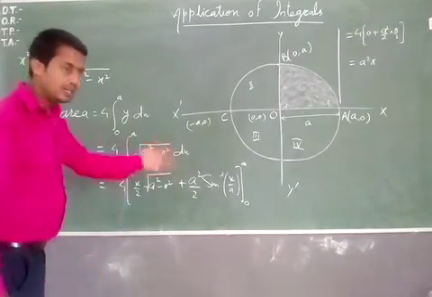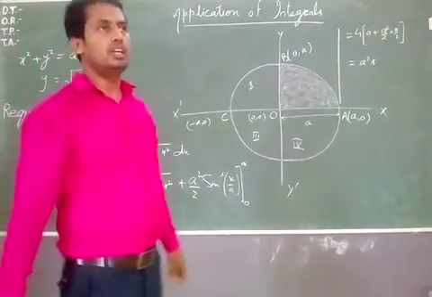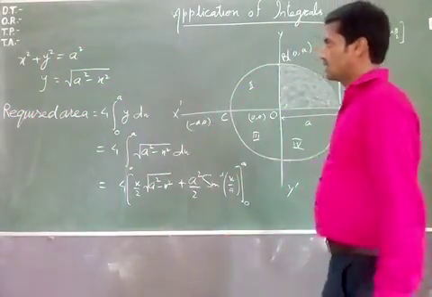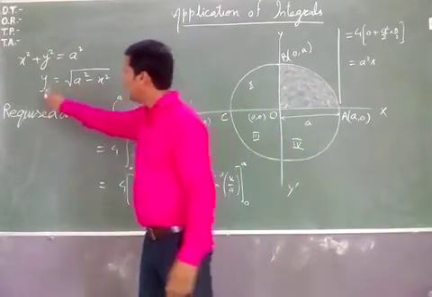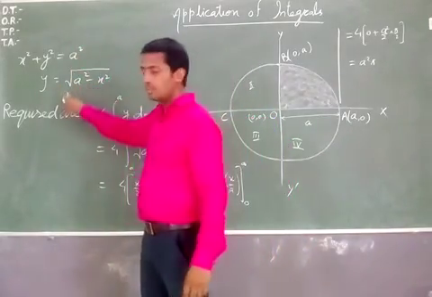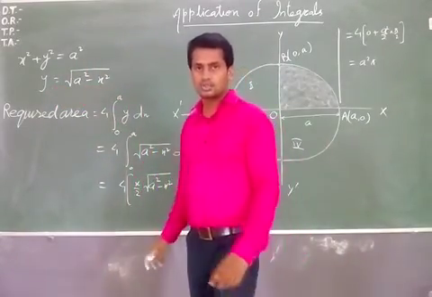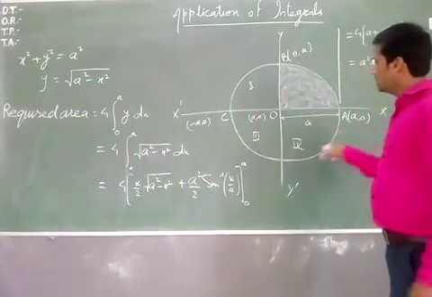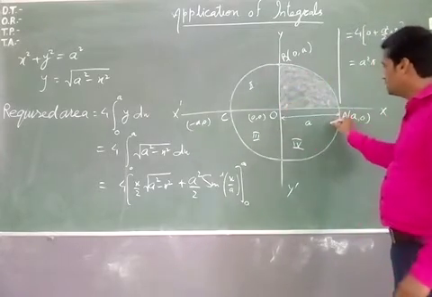Now I will explain again. We have to find out the area enclosed by the circle x square plus y square equal to a square. We can find the value of y with the help of the circle equation in the form of y equal to root a square minus x square. We have a diagram of the circle, center is origin, radius is a.